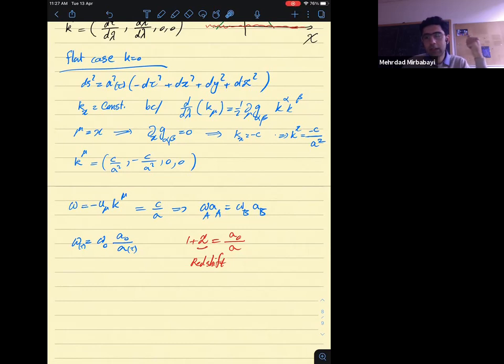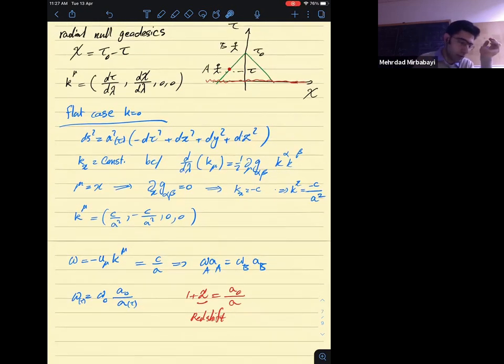If we see that there is a supernova and there are hydrogen atom lines, but they are shifted by some amount, then we immediately know what is the redshift of that supernova, or what is the redshift of Alice.